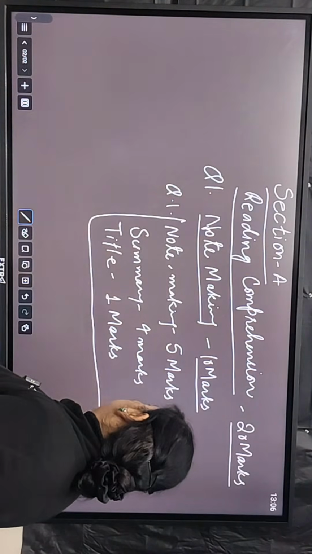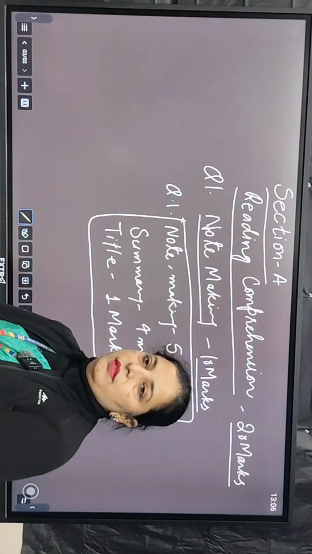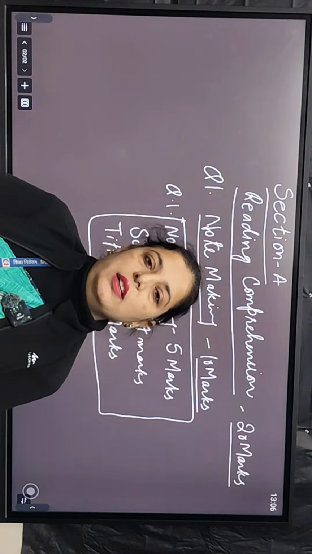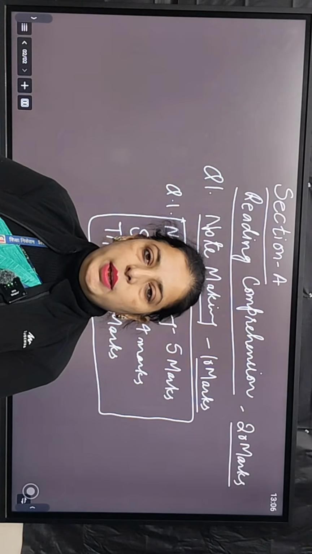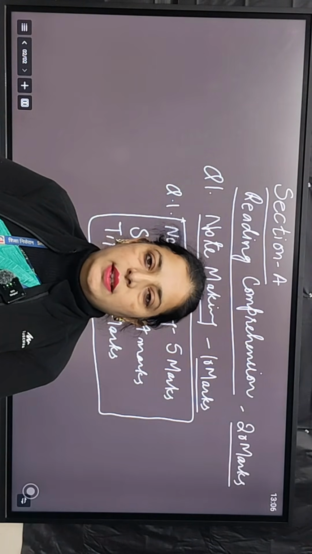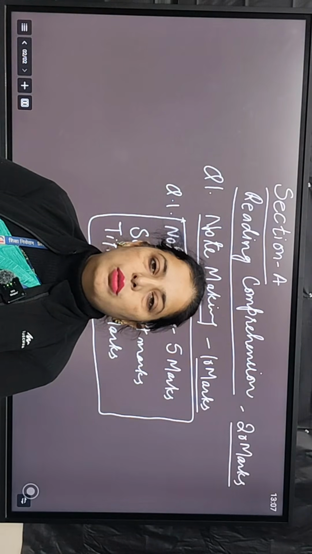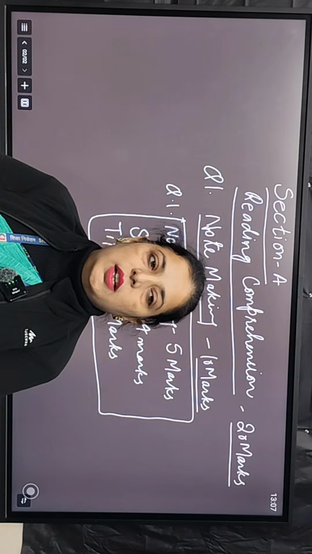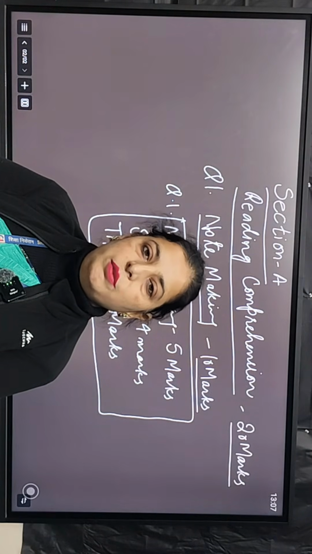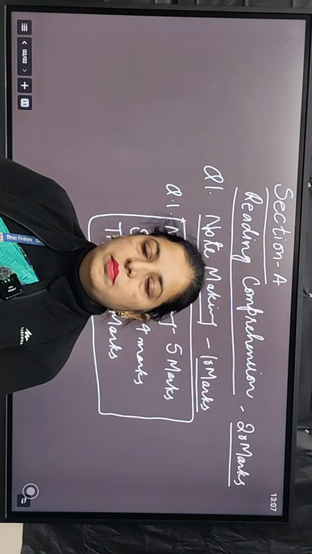For the format, we have a long comprehension paragraph of about 400 words for note making. Any paragraph can be given in your board exam. You have to write notes on it. And what is the format for writing notes? What are the main things we must keep in mind while writing notes?